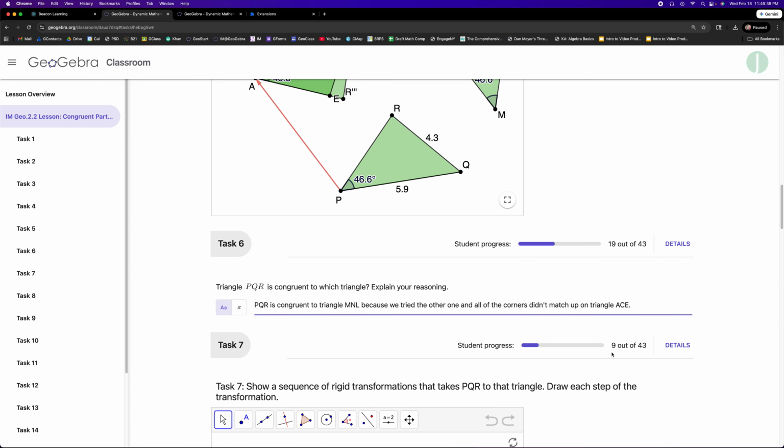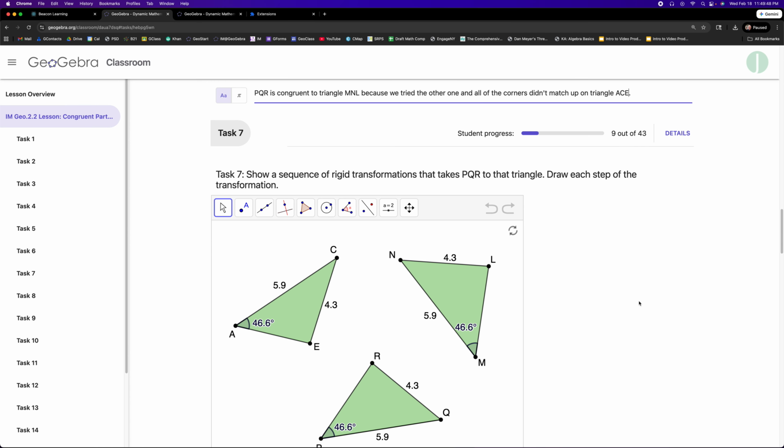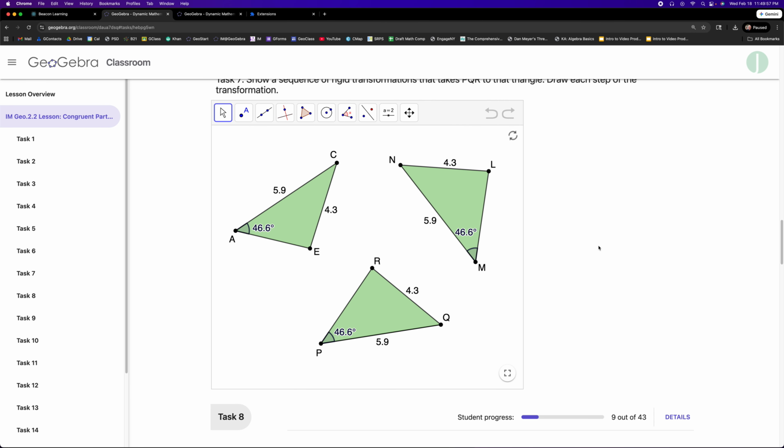So now it says show a sequence of rigid transformations that takes PQR to that triangle. So it's going to go up to this one. Draw each step of the transformation. Well, we just have to do it. So translate first, then rotate, and then if we need to, we reflect.